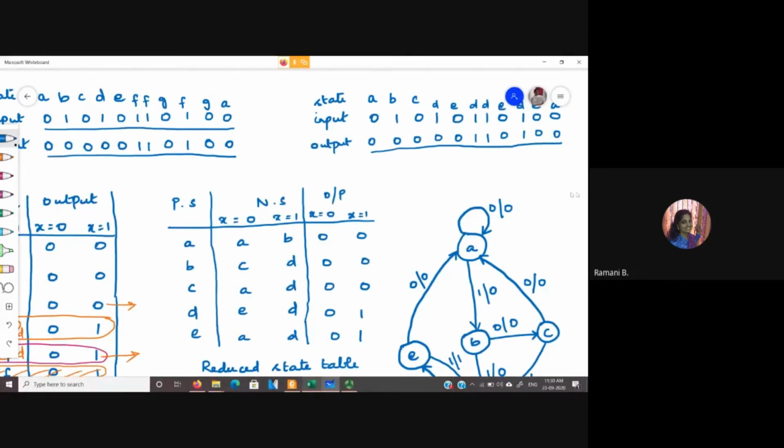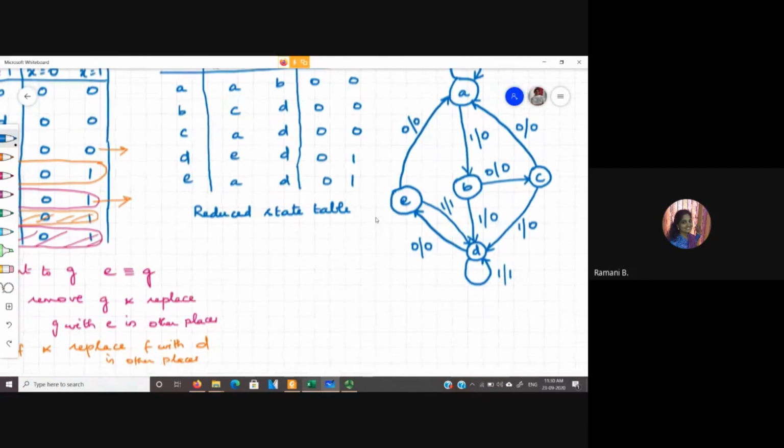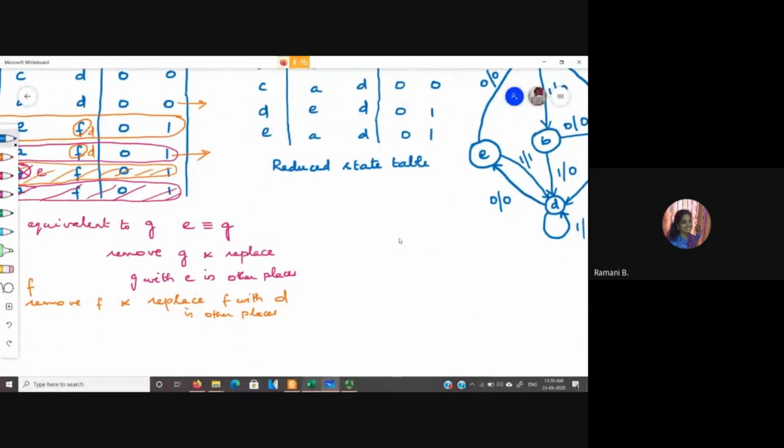And one more thing is, even though we have reduced the number of states, the number of flip-flops required is not actually reduced. Because if you had 4 states, then it is enough to have 2 flip-flops.